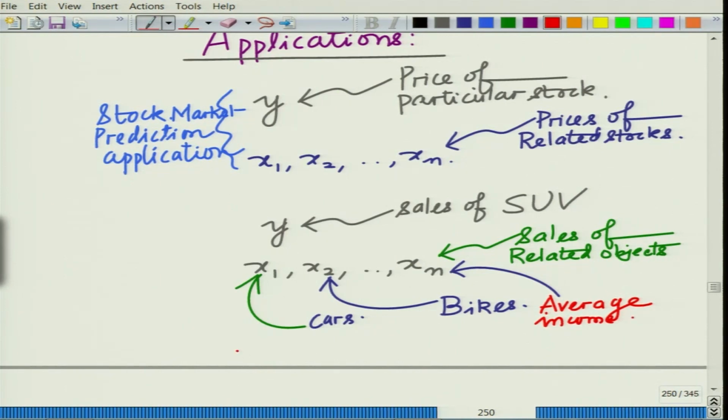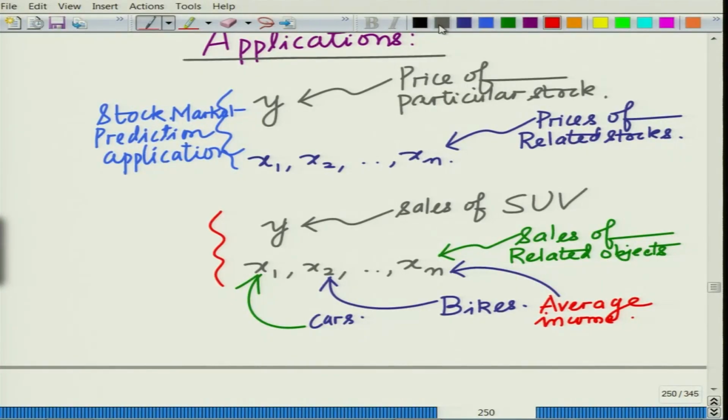If the average income is higher, naturally the demand for SUVs is going to be higher. One also has to choose these explanatory variables carefully, so that they are sufficiently correlated and good indicators of the response.